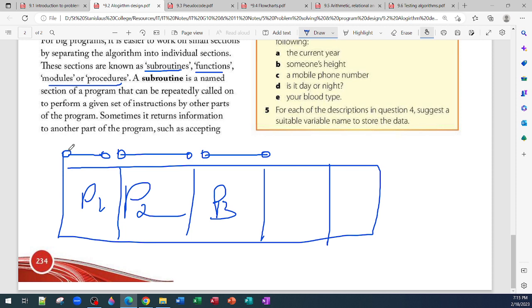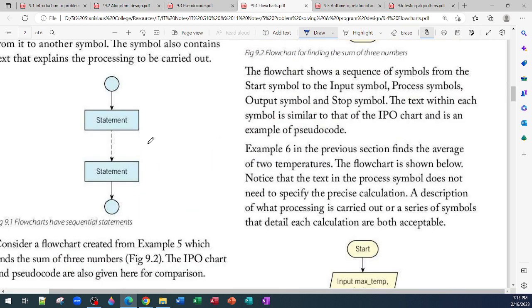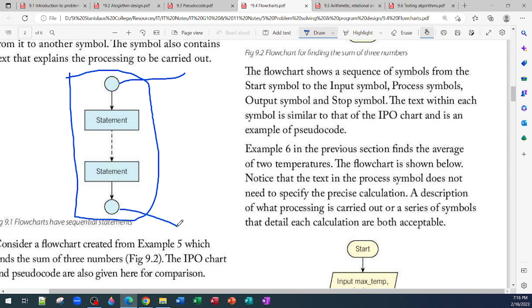These circles indicate that they can be connected to each other. They're like individual parts. So this is one part of the program, and the circle indicates that I can connect it to a certain part of another flow chart. And this here is going to connect to another part of the flow chart. So as the name implies, it's indicating that you can connect it to another flow chart.